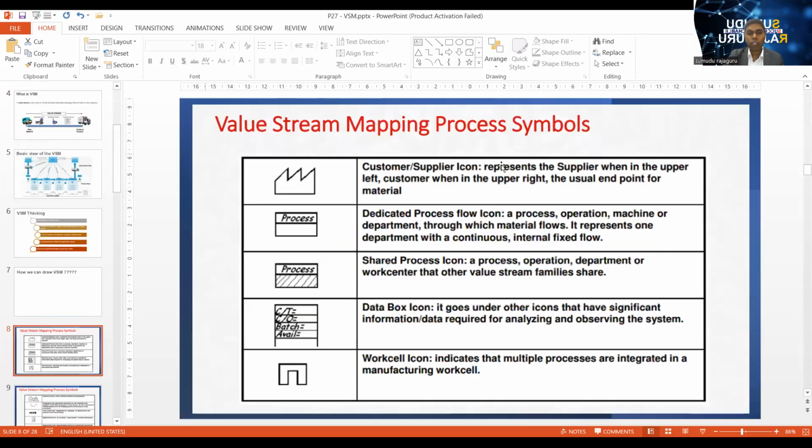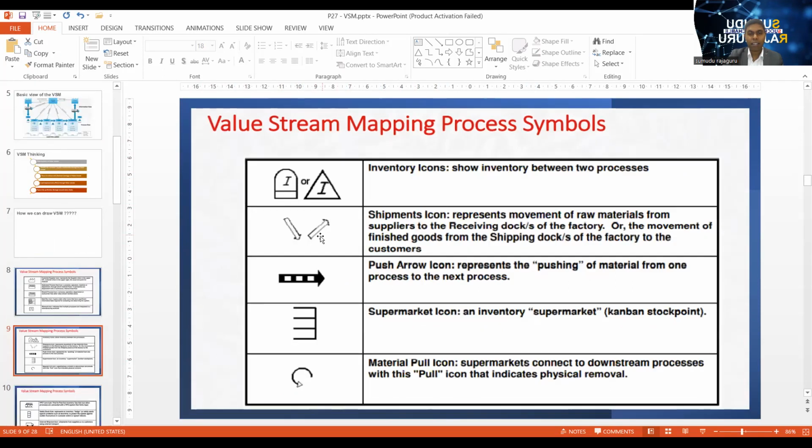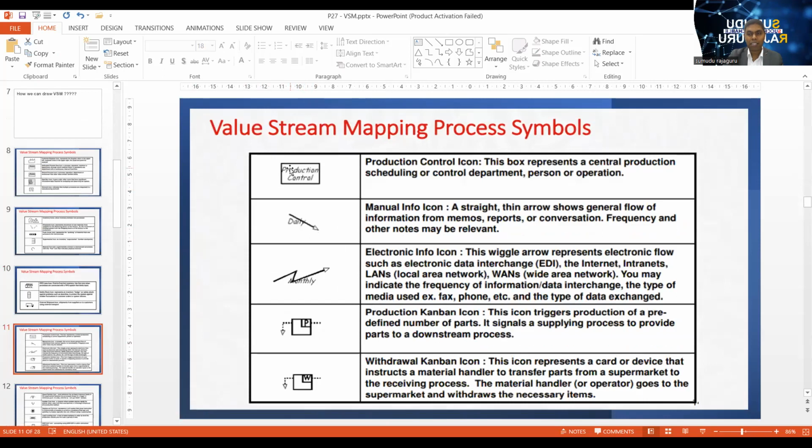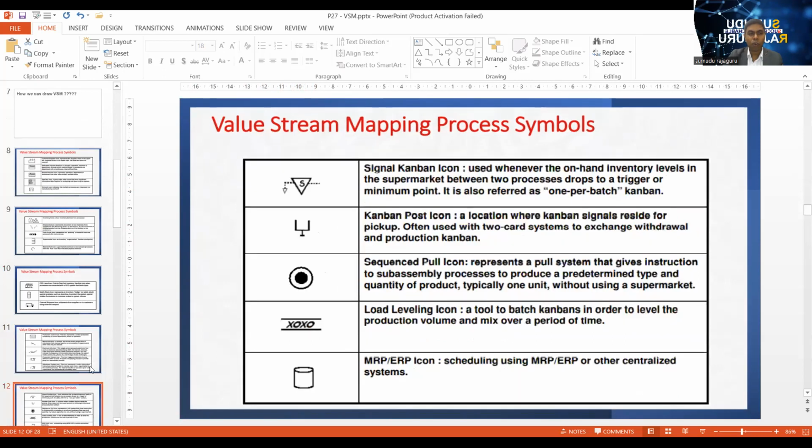Okay. So these are the symbols: customer supplier icon, dedicated process flow icon, shared process icon, data box, work cell. Then inventory, shipment icon, push arrow icon, supermarket, material pull, first in first out lane icon, safety stock icon, external shipment icon, production control icon, manual information icon, electronic information icon, production Kanban and withdrawal Kanban.